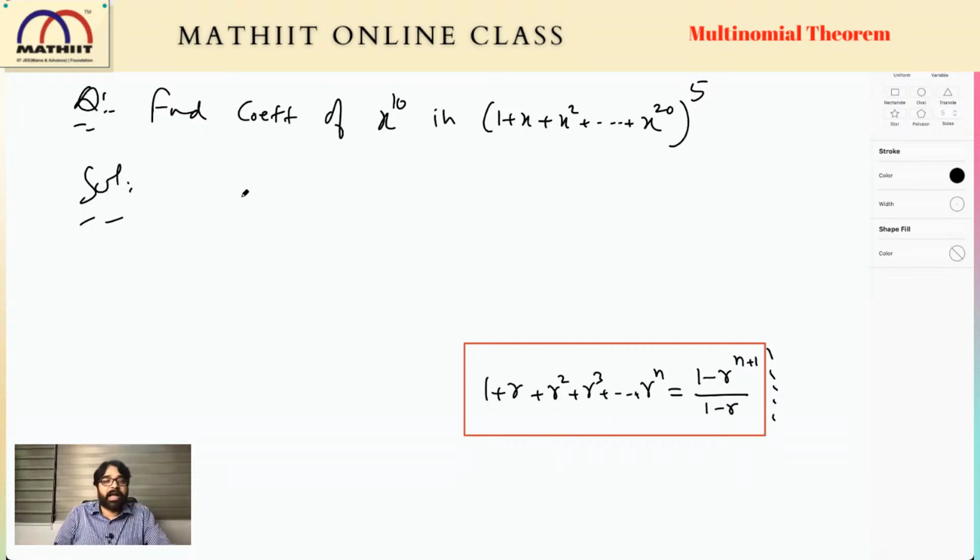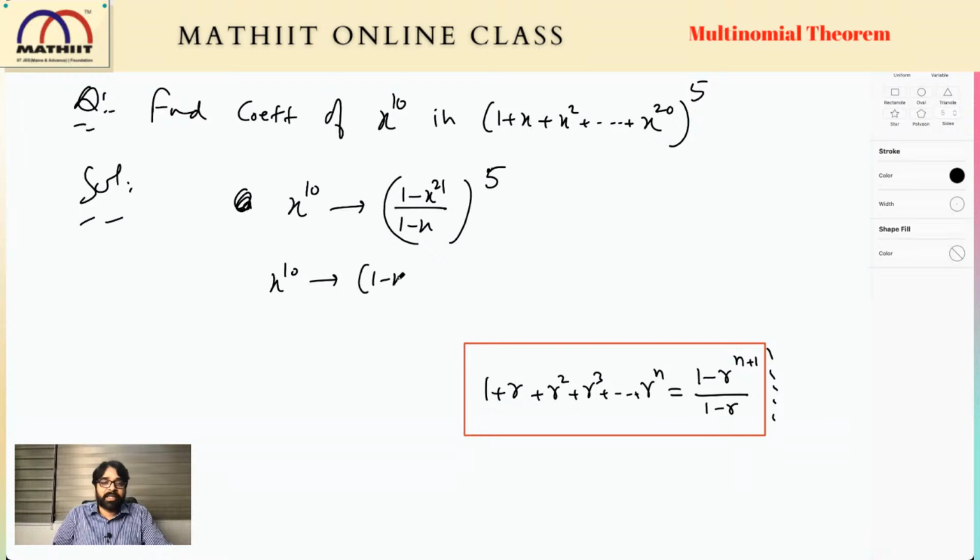So we can write the coefficient of x power 10 in 1 minus x power 21 divided by 1 minus x, whole power 5. Which means the x power 10 coefficient in 1 minus x power 21 to the power 5 into 1 minus x power minus 5.